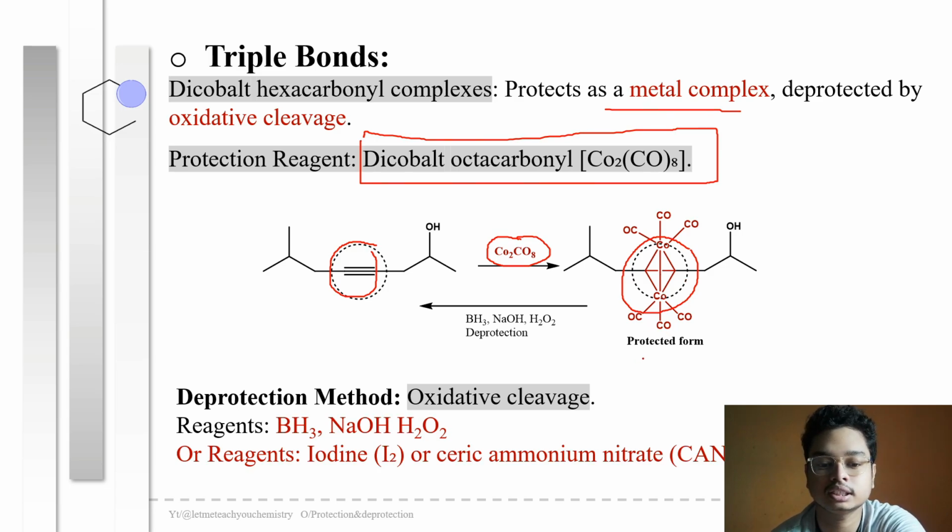For deprotection, oxidative cleavage is used, and it can be done using BH3, NaOH with H2O2, iodine, or ceric ammonium nitrate to deprotect this metal complex.